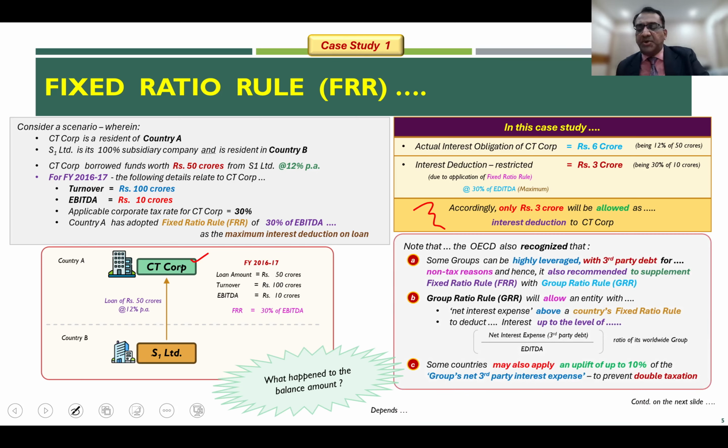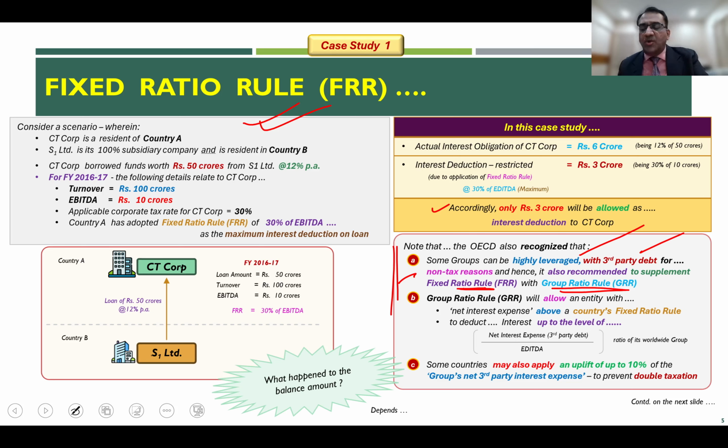Now, it is important to note that in this case, yes, 3 crore there is a disallowance. OECD also recognized that some groups can be highly leveraged with third-party debt for genuine business reasons, not for tax purposes. And therefore, to supplement this fixed ratio rule, as we have seen even in the last video, they said, okay, supplement this fixed ratio rule with what is called the group ratio rule.